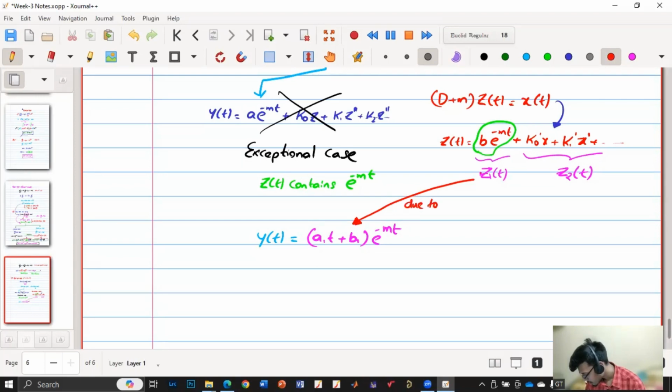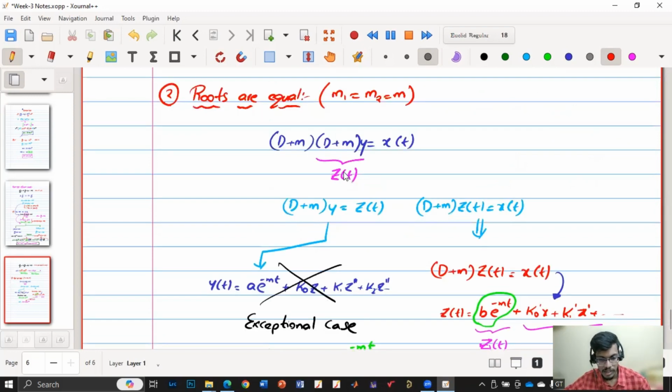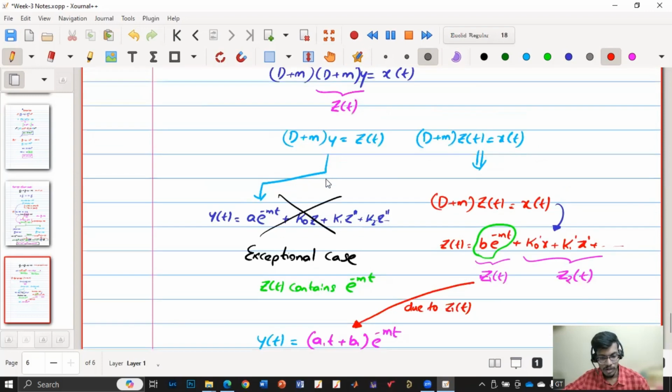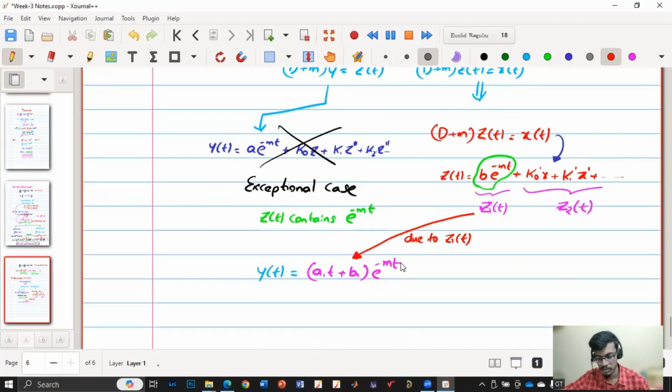Because I have separated z of t into two parts. Now I have realized that if my z of t is an e to the power minus mt term, then my y of t will be at plus b into e to the power minus mt. Right? Do you agree?